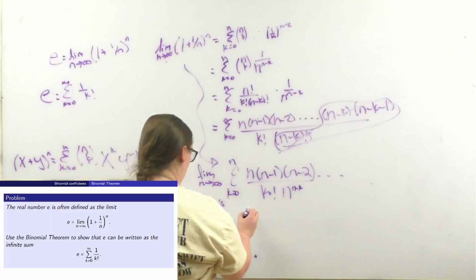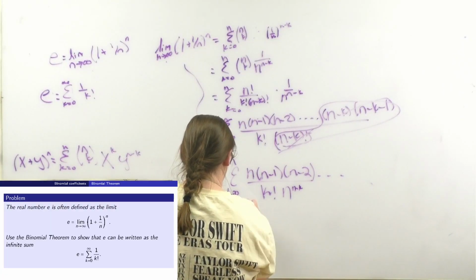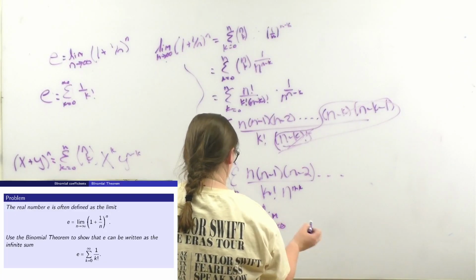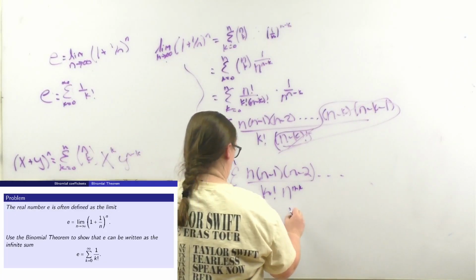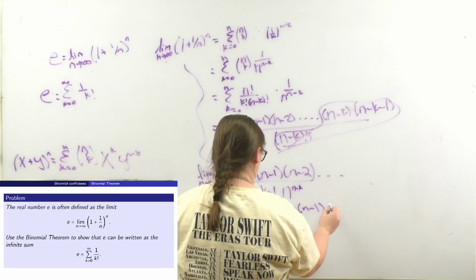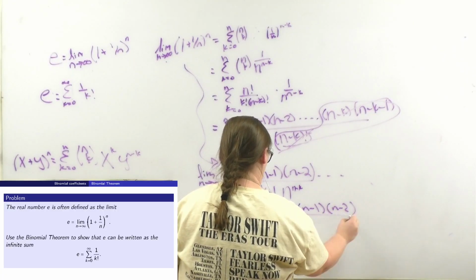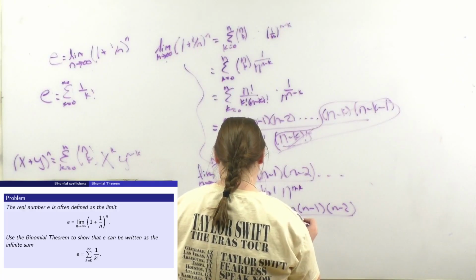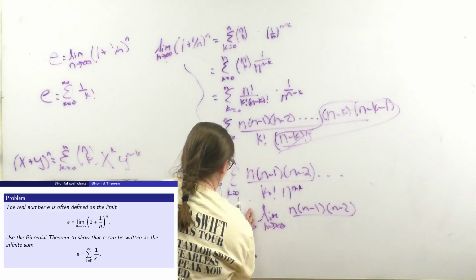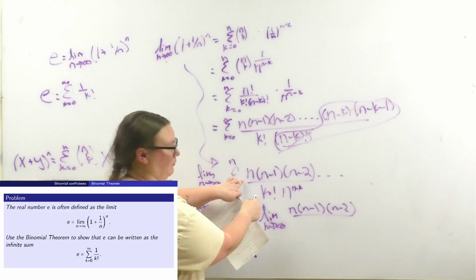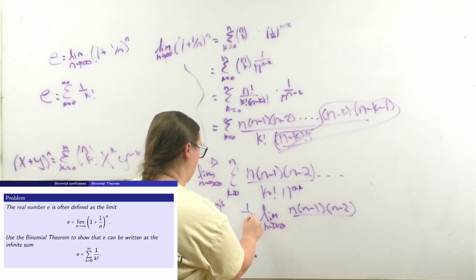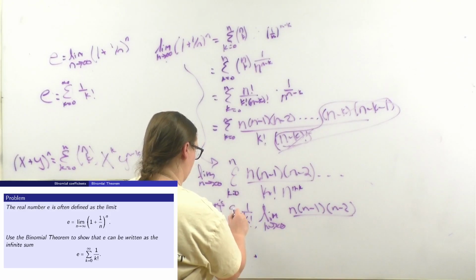Okay, so we get this of this stuff. Also, we can pull out a 1 over k factorial right here. Okay?